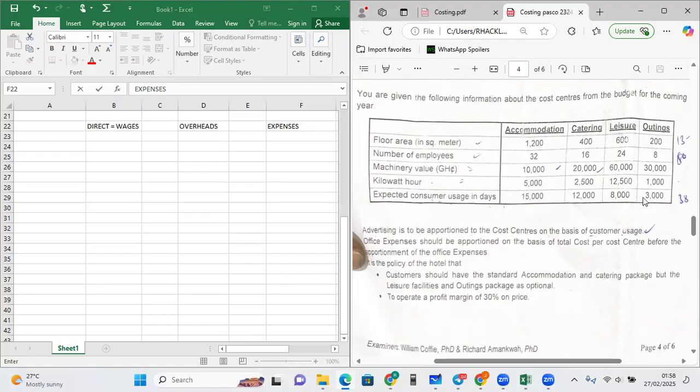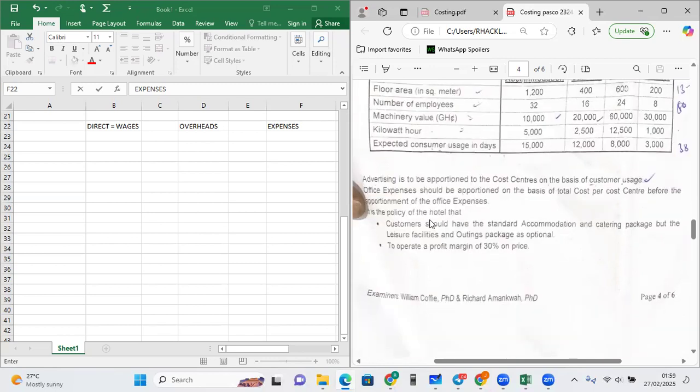We have customer usage here. And office expenses should be apportioned on the basis of total cost center before the apportionment of office expense. So when we are doing everything, the total cost that we get before apportioning office expenses is what we are going to use to apportion that one.